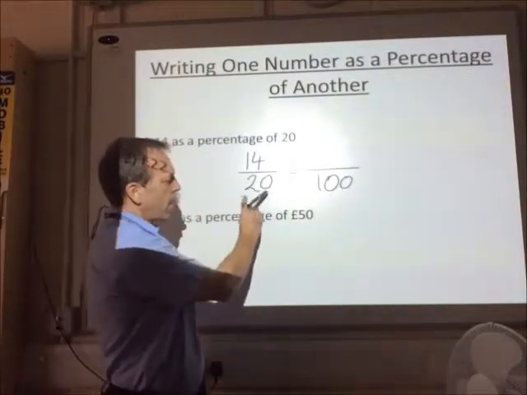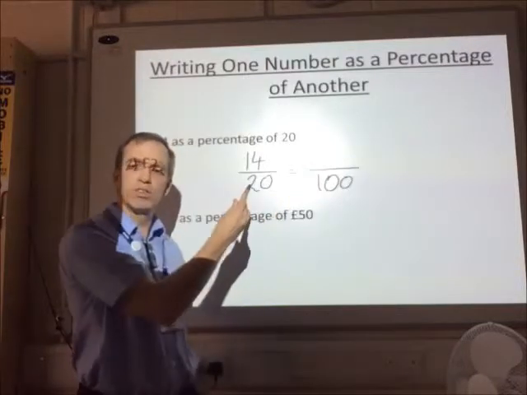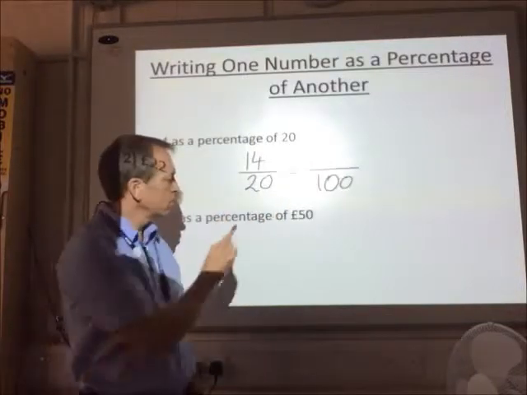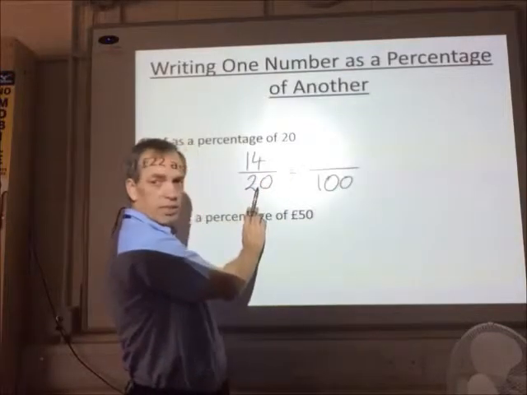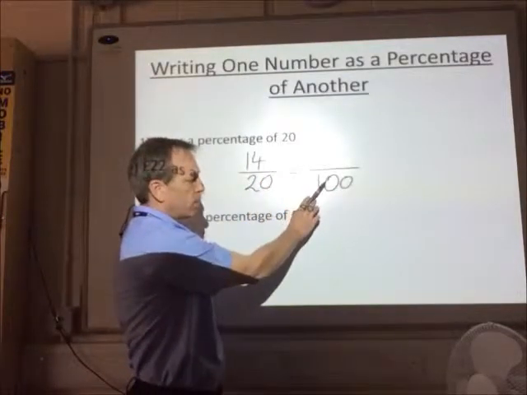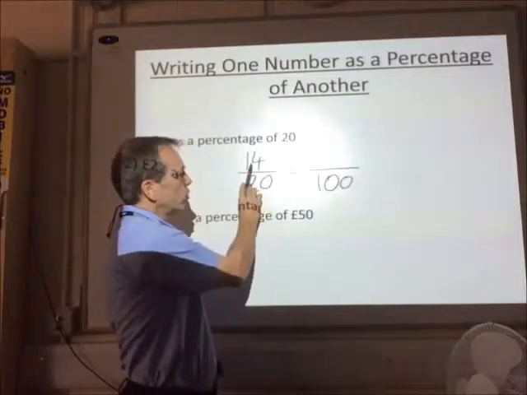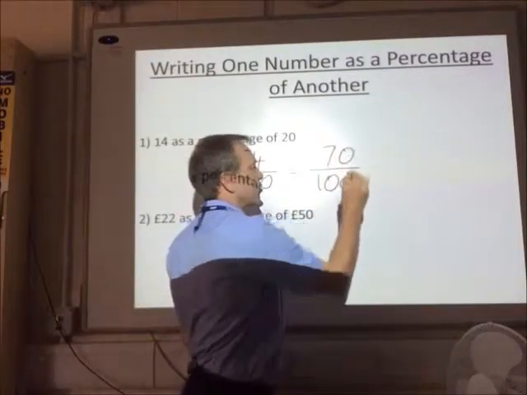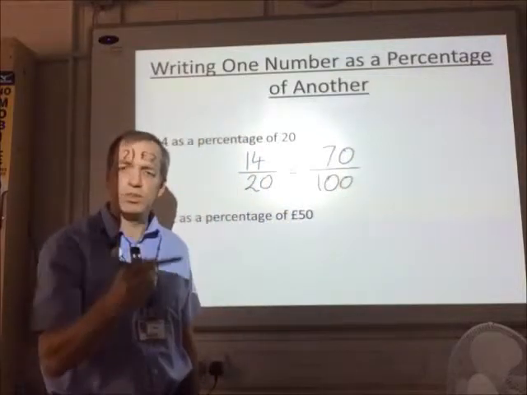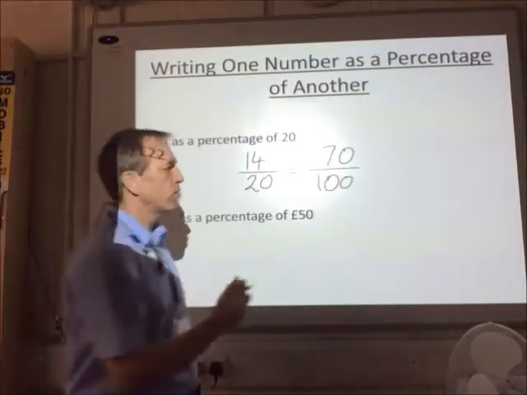So, in my head, I've done 100 divided by 20 gives me 5. So 20 multiplied by 5 gives me 100. So 14 multiplied by 5 gives me 70. I've got to make sure I do the same to the top as the bottom of my fraction.